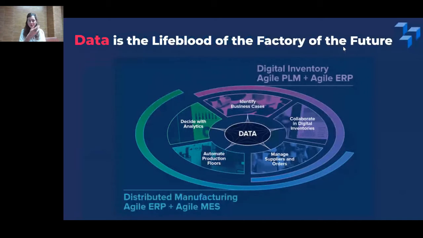To finish, I would just like to go to this data, which is this slide. It comes from 3Omine. So the main output of the digital warehouse is that data is in the middle of the whole digital warehouse, and data can be provided when you identify the business case, when you do the part identification, when you create your AM-ready digital inventories, when you order a part and manage your suppliers, when you produce the part internally or externally, and so on.